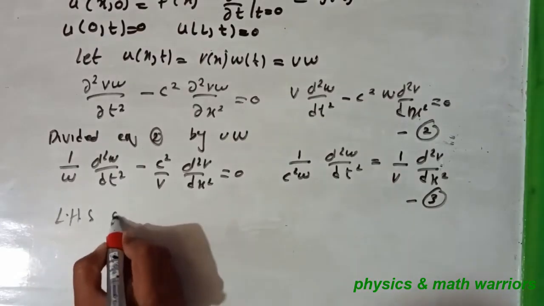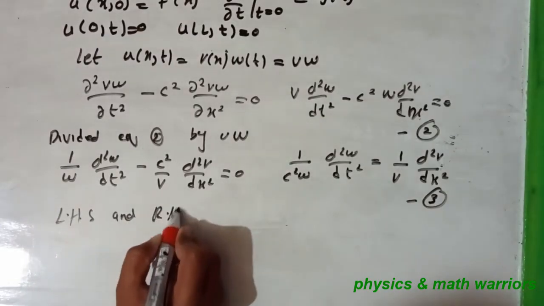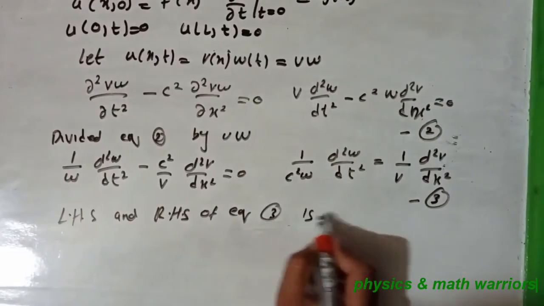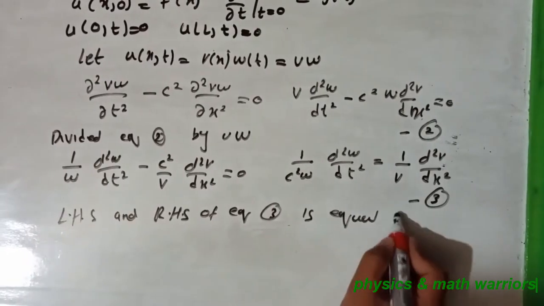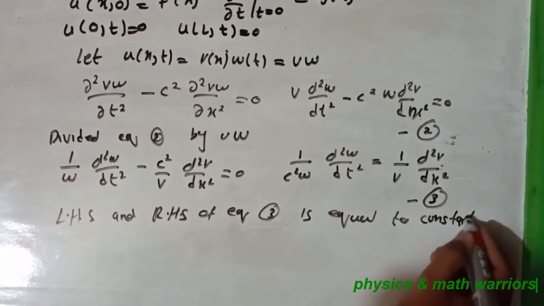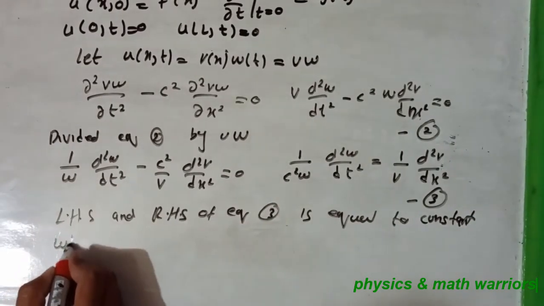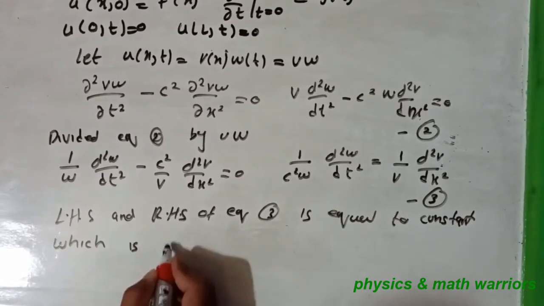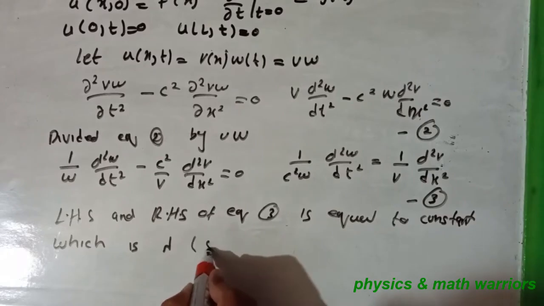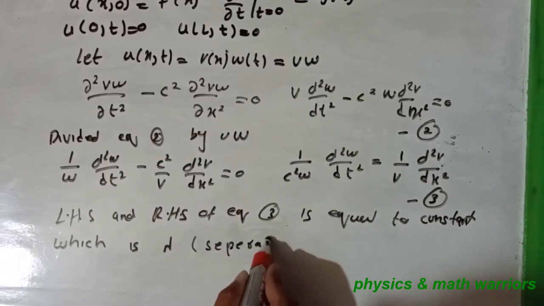Left hand side and right hand side of equation 3 is equal to some constant, which is lambda, and lambda is separation constant.